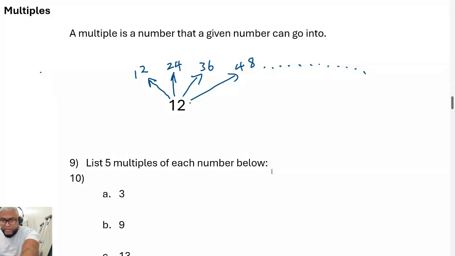Taylor, I want some multiples of 3. They say list 5 multiples of each of the numbers below. We just want 5. 12, yeah. We could go in order too, but go ahead. Give me the next one. 9. 3. 6.